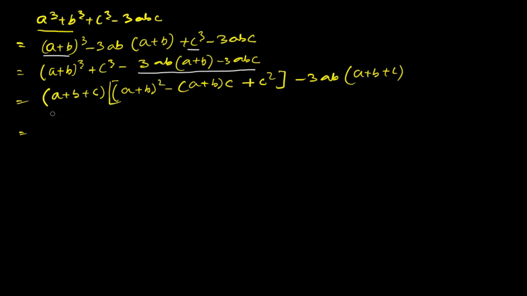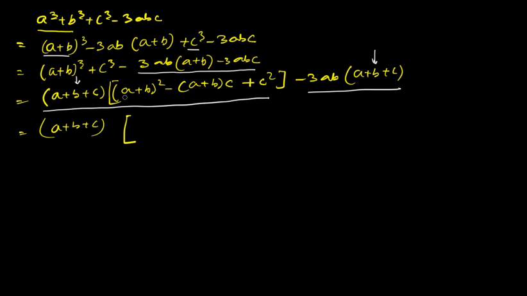Now I have actually two terms. This one is the first term and this one is the second term, and I can take a plus b plus c common again. So a plus b plus c common, and I'll be left with this, which is a square plus b square plus 2ab, and this, which is minus ac minus bc plus c square, minus 3ab from here.